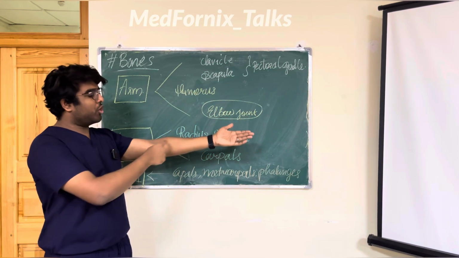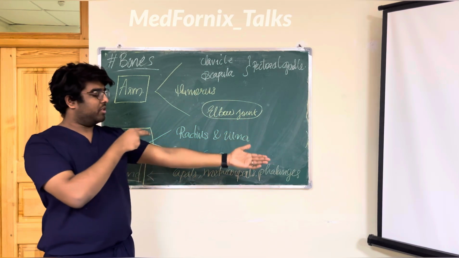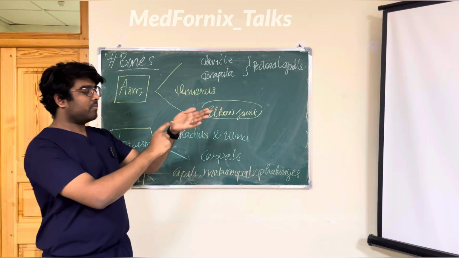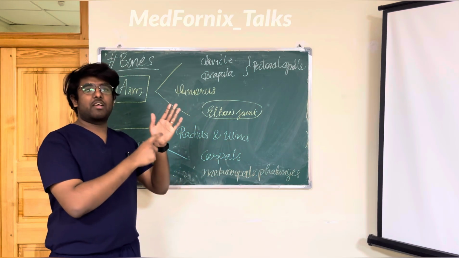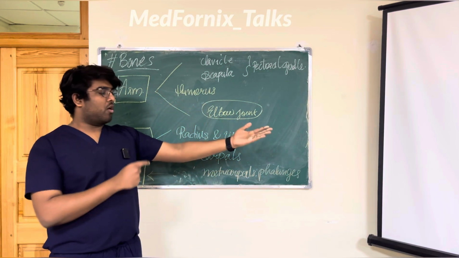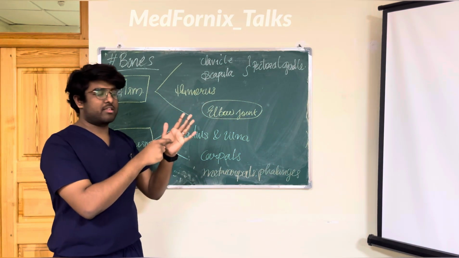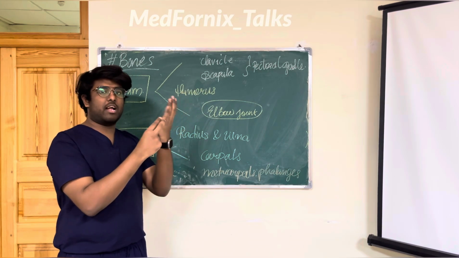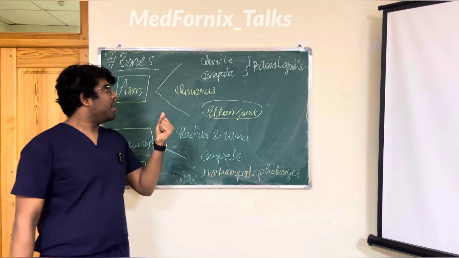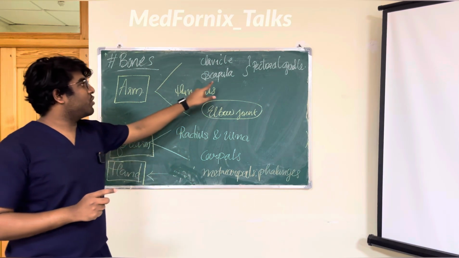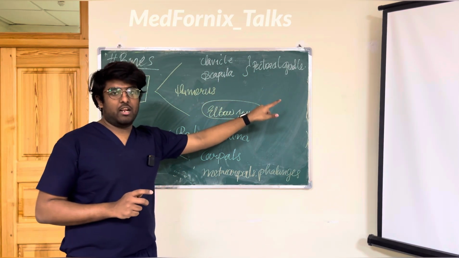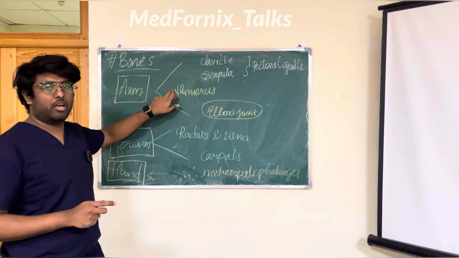So from the elbow joint to the carpals, this is the forearm. Then the hand comprises the metacarpals and phalanges. So: arm, forearm, and hand, which comprises the metacarpals and the phalanges. The clavicle and scapula together form the shoulder joint, also known as the pectoral girdle, which is formed with the help of the humerus.